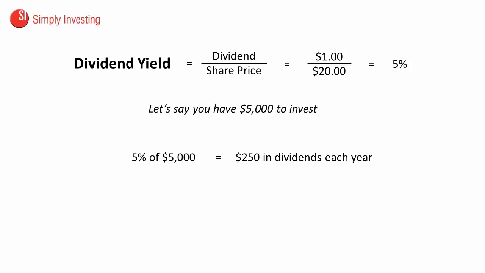Another way to look at it is if you have the same $5,000 to invest, at $20 a share, you're going to be able to buy 250 shares. Again, the dividend is $1 per share, and you end up with $250 in dividends each year. So the 5% dividend yield is a very quick way to figure out what the return on my investment is while I'm holding on to these shares.